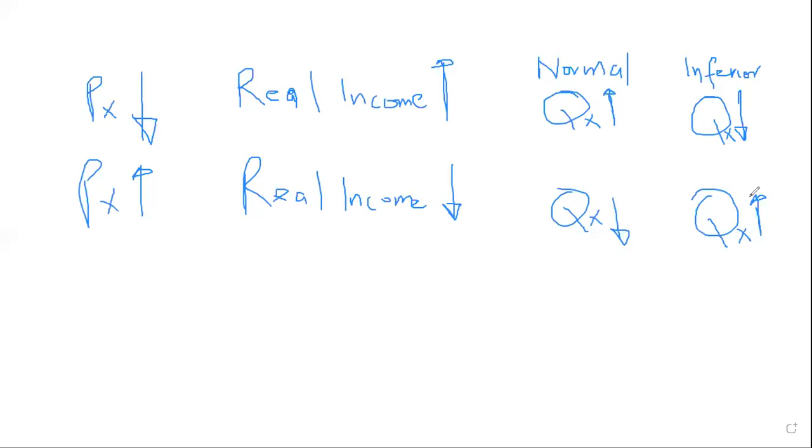Now let's look at the direction of the income effect. Unlike substitution effect, which is always negative, the income effect can be positive or negative, depending on the type of commodity. That is, whether the commodity is a normal good or an inferior good.